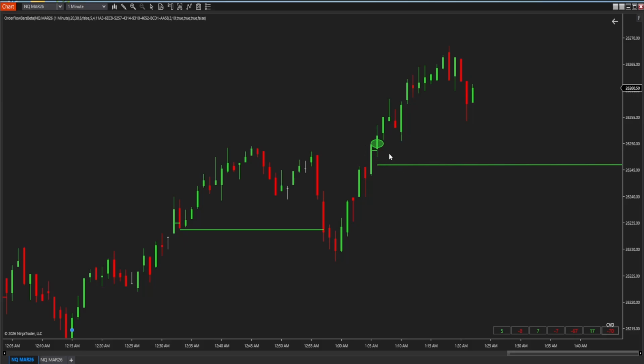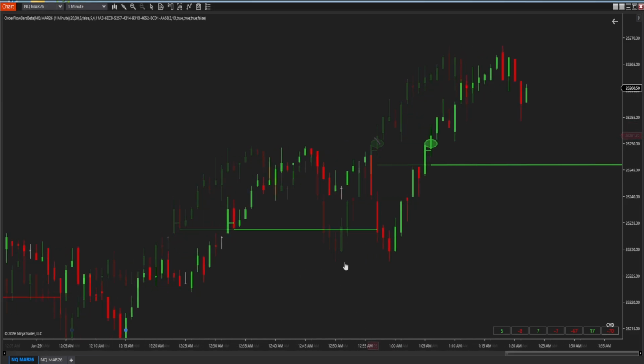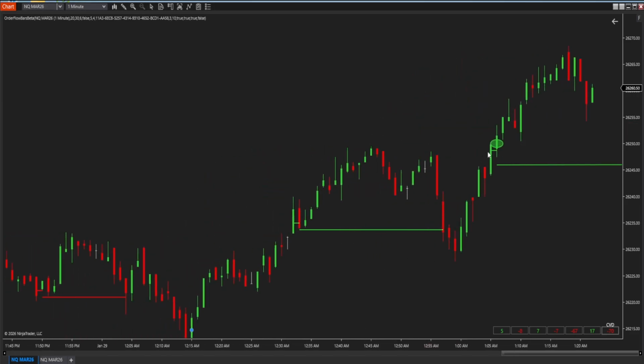So there's more buyers than sellers. 5 times more buyers at this level, and then 5 times more buyers at this level, and we have a green circle, which means that was one trade of 30 or more contracts. That's very bullish. And when you see that, that means you can go ahead and get in. That is one of the biggest things that I use, the imbalance area and the big trade.